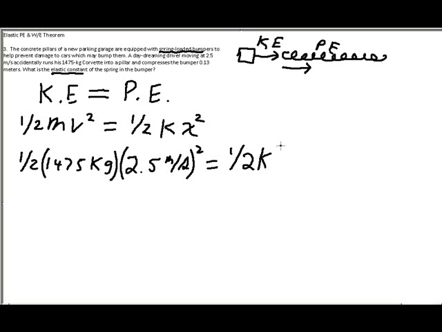And what this is telling us is that this particular bumper compressed by 0.13 meters. So by compressing by this distance, the spring overall stored this much energy.